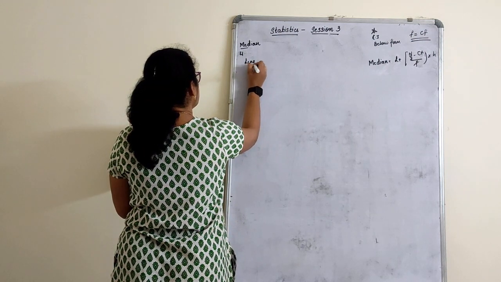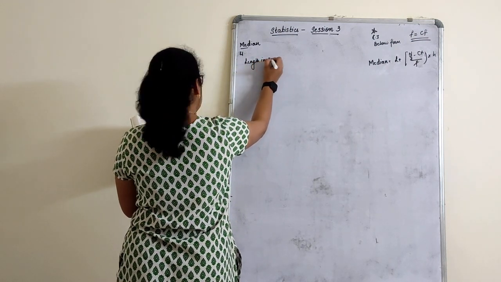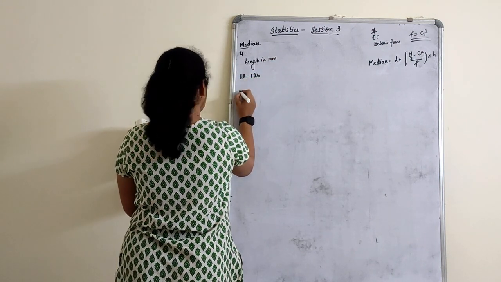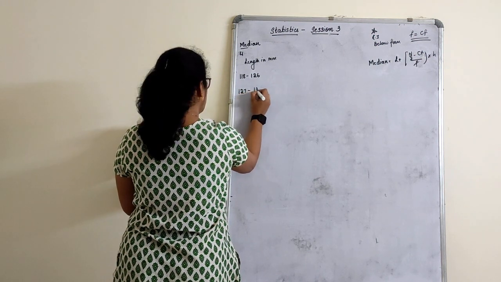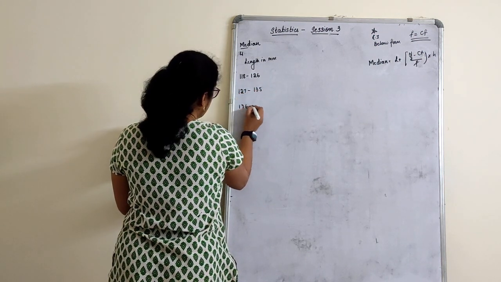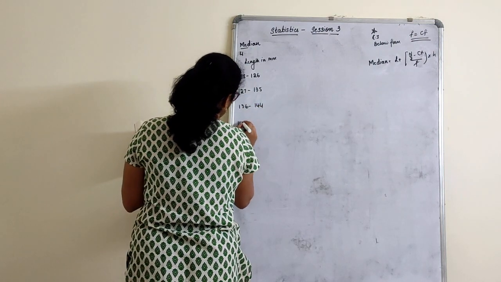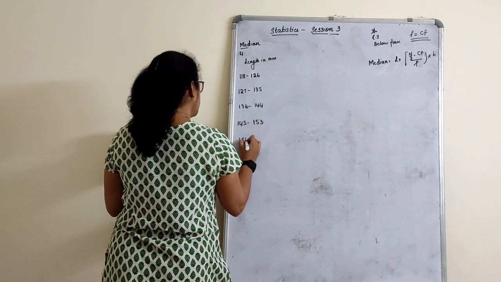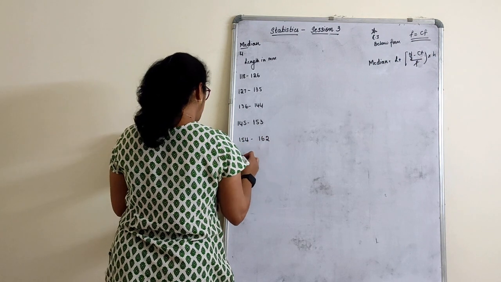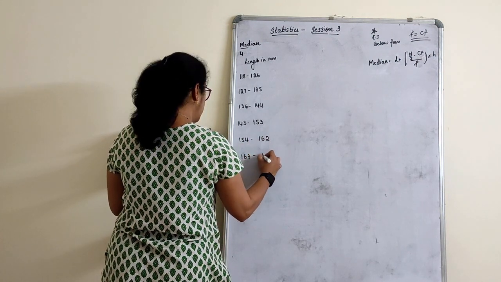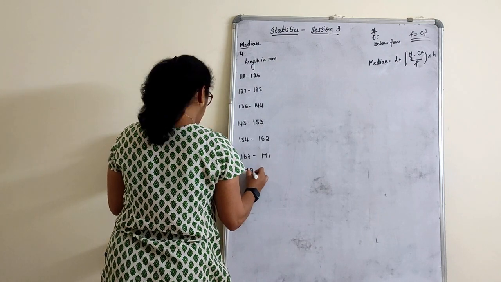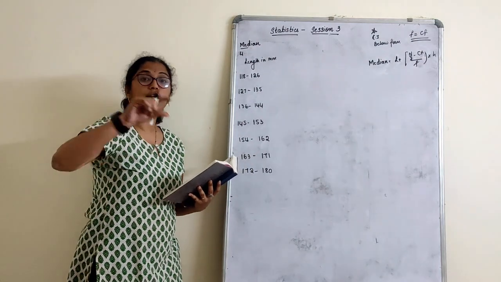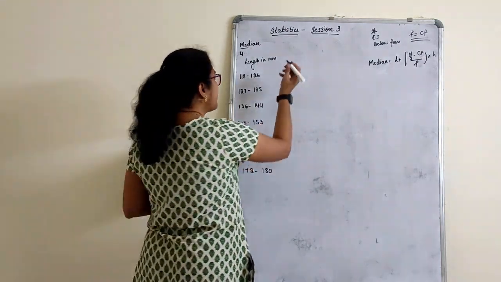Length in millimeter: 118 to 126, 127 to 135, 136 to 144, 145 to 153, 154 to 162, 163 to 171, 172 to 180. Sometimes what they do is they only convert the lower limit of that class. That is also okay. I'll convert everything.